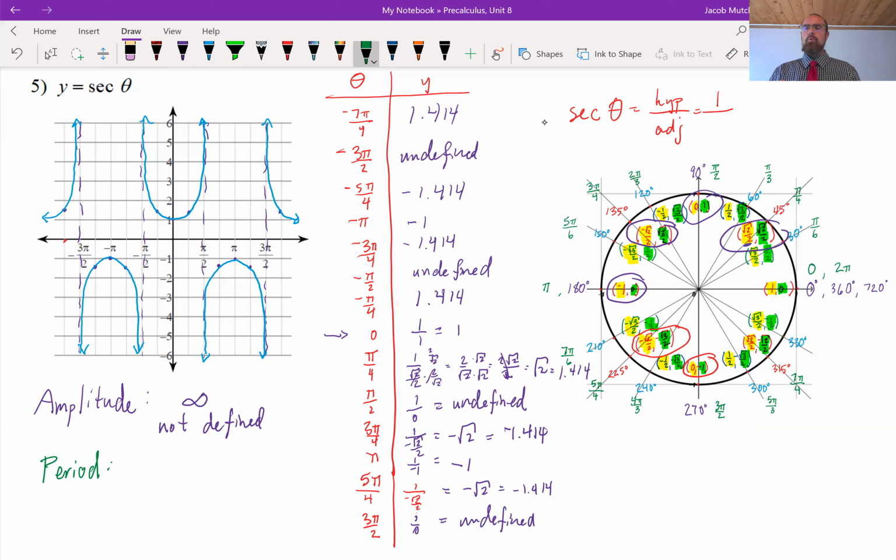And what I want to catch is what's the full interval on the x-axis for me to complete one cycle. Now, one cycle here involves one of the curves that's below the x-axis and one that's above. So I'm tracking from negative 3 pi over 2 to pi over 2. Well, that full distance is 2 pi. So it's bigger than the period of tangent, and that's because with tangent, they're all the same curve, whereas with secant, they're the same curves but reflected, one above, one below, and so forth.